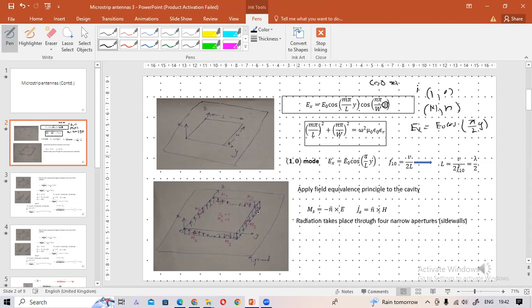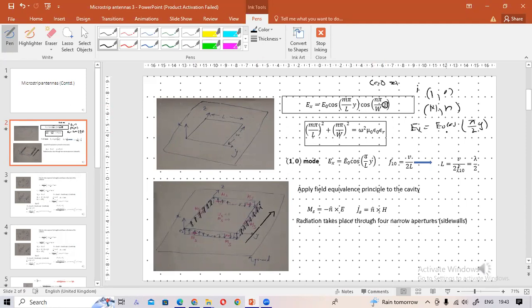That means in the Z direction the E field is not changing. It is a constant, because this part will be 1. So E naught is constant.